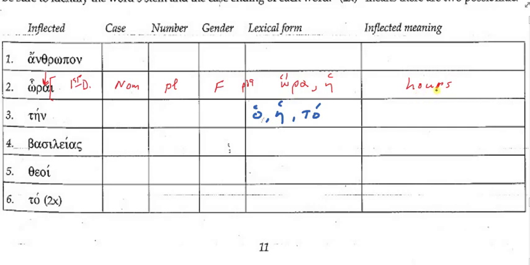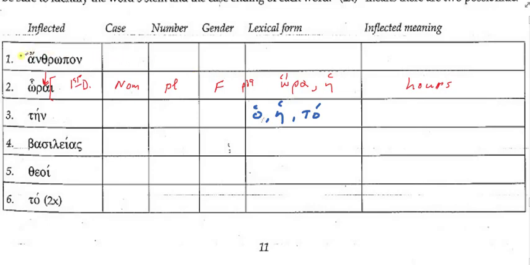I love me 3 hours of Greek, right? Hours is translated the same whether it's nominative or accusative. When we get to the genitive and dative cases, there's going to be some additional tweaking in our translation, and we'll meet those as we come to them. Okay, good. So that's the answer here for number 2.